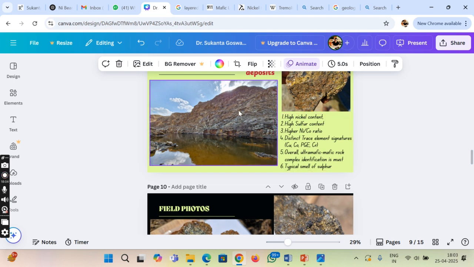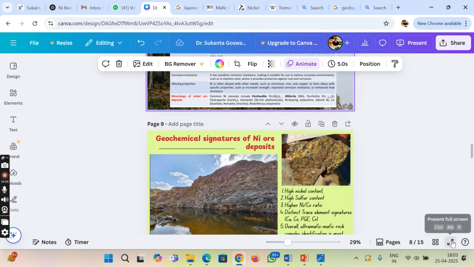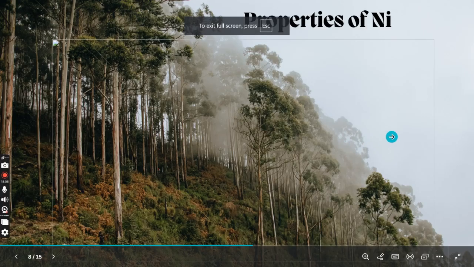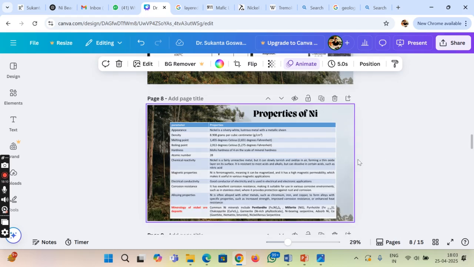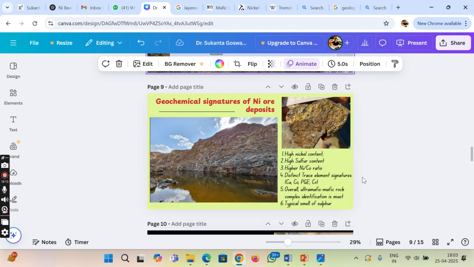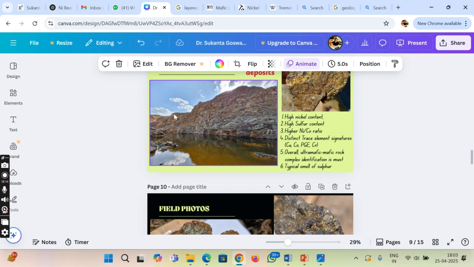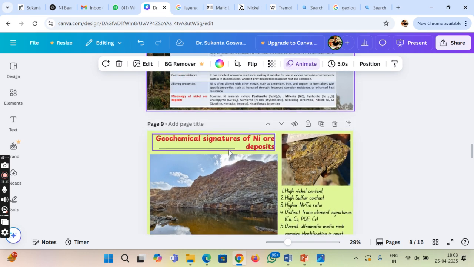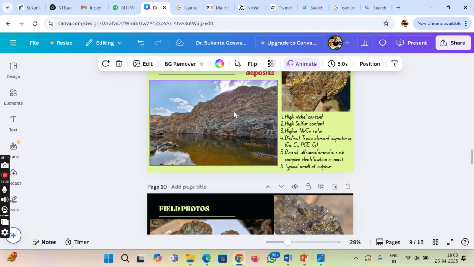Now that we understand the overall mineralogy, let us go back to the actual photographs. If we see this kind of gossan, the entire area is highly weathered, chemically weathered and oxidized, but the lower portion of the gossan is mostly preserved.